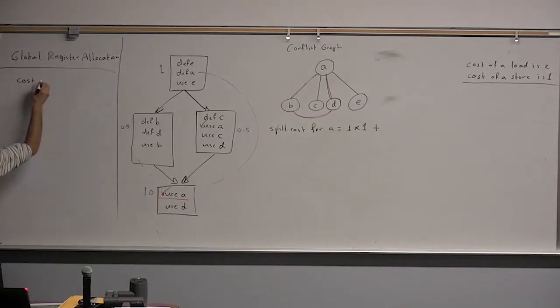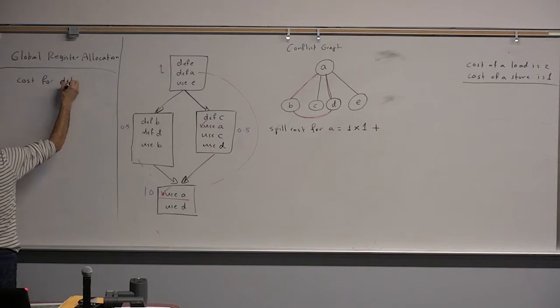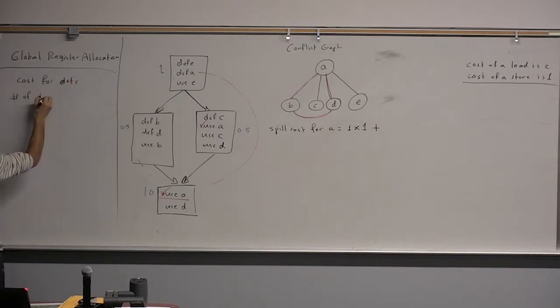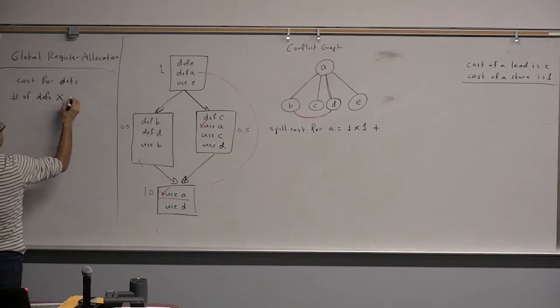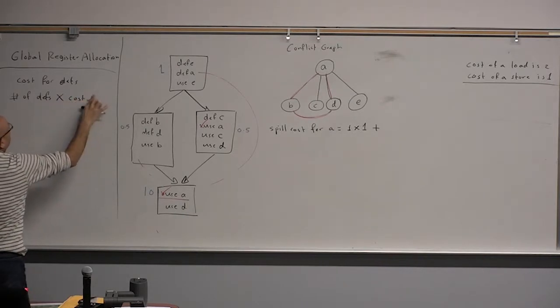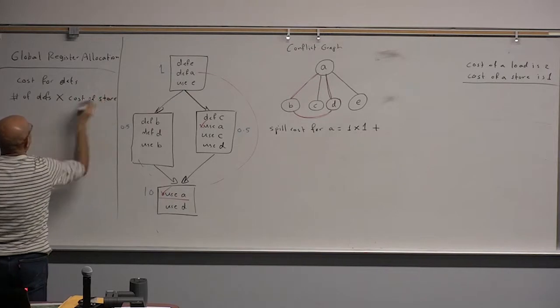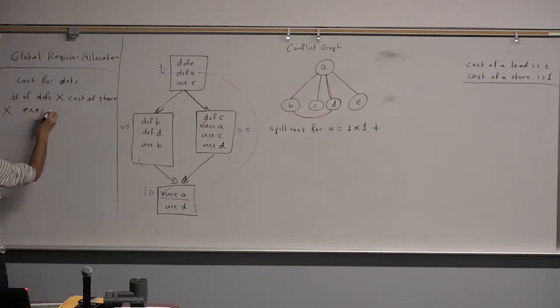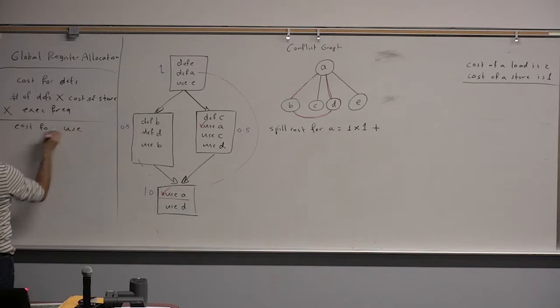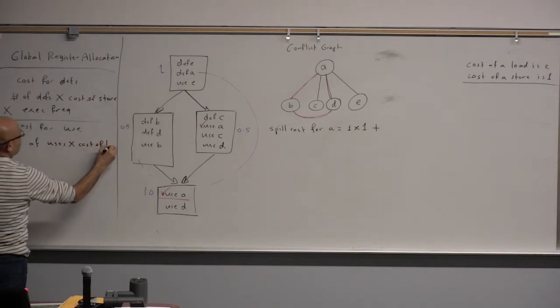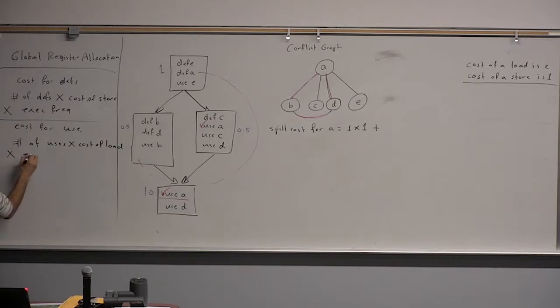Cost for defs: number of defs multiplied by cost of store, multiplied by execution frequency of the basic block. Cost for load, or for use, is going to be number of uses times cost of load times execution frequency.